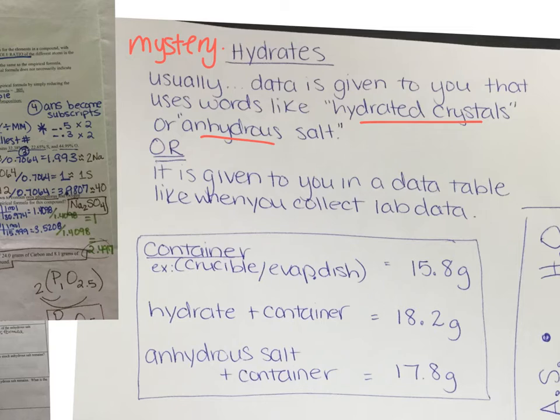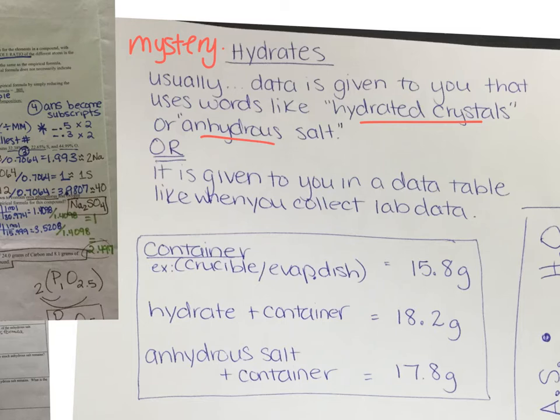So you saw that wording in number 6, yes? Did you notice that it doesn't say hydrated crystals? It does not, right? It just says a sample. But we know that that sample is a hydrate because it gives you this formula that's missing the rest of the coefficient. So keep that in mind.